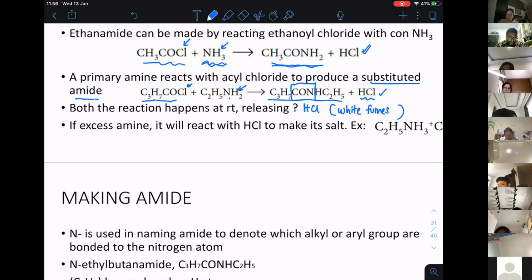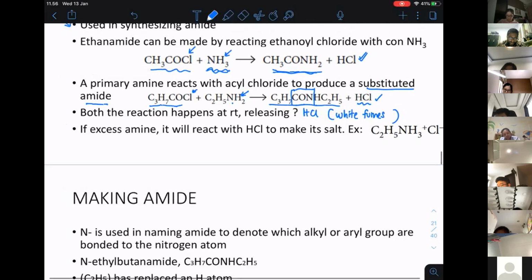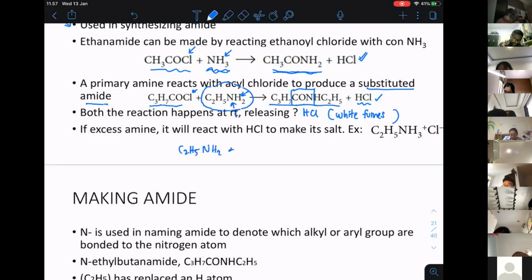Now, if you have excess amine, so let's say there is a lot of it, it will react with HCl to make a salt. For example, if you have a lot of C2H5NH2, it is going to react with the HCl to make a salt.